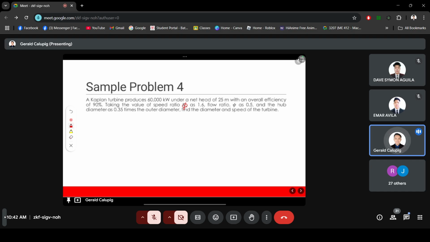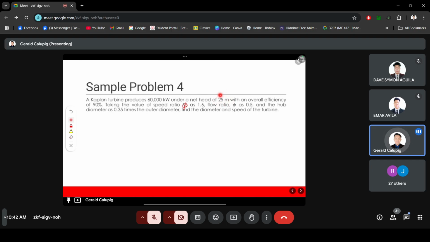So here we are asked to find the diameter and the speed of the turbine. First, we need to check if we have enough data. We have the power generated by the turbine, 60,000 kilowatts, and the net head, which is 25 meters.